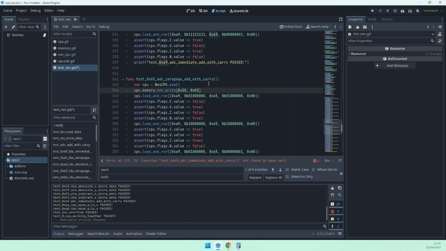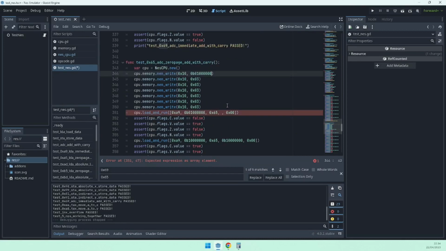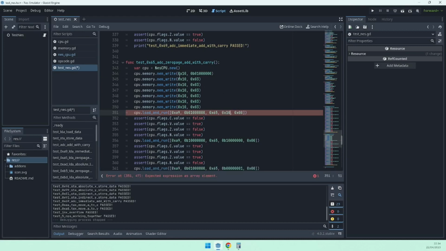So what I am going to do is have many values of memory and use one slot of memory for each of these values. So I will use 0x10 in here instead.